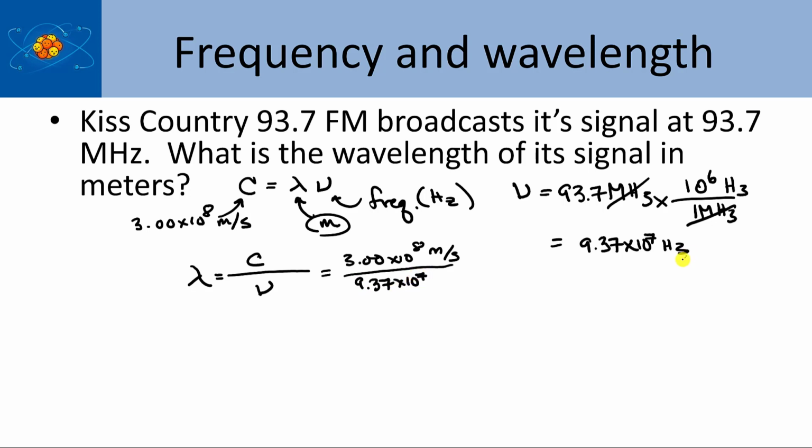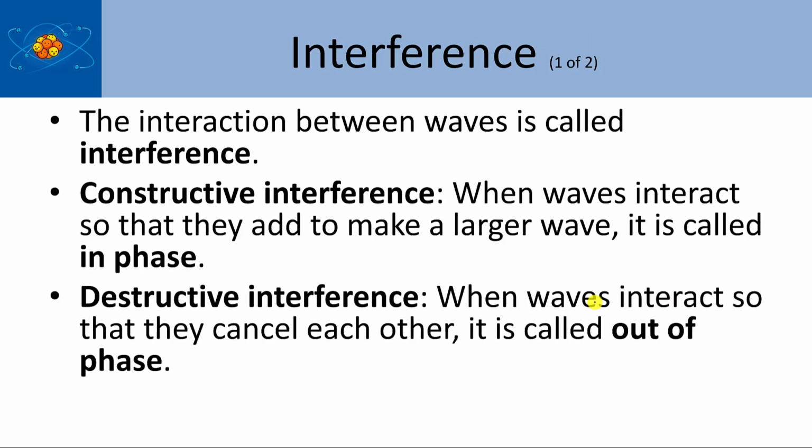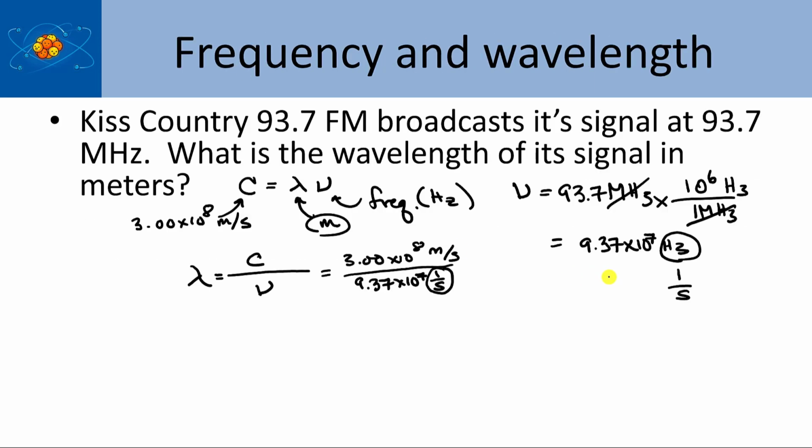And then the unit hertz literally means, again, 1 over seconds, so 1 divided by seconds. And so since I'm dividing through by this, I'll invert it, I'll flip it over, and I'll multiply it. And the per seconds will cancel out like that, okay? So you do the calculation, and you should get 3.20 with sig figs.